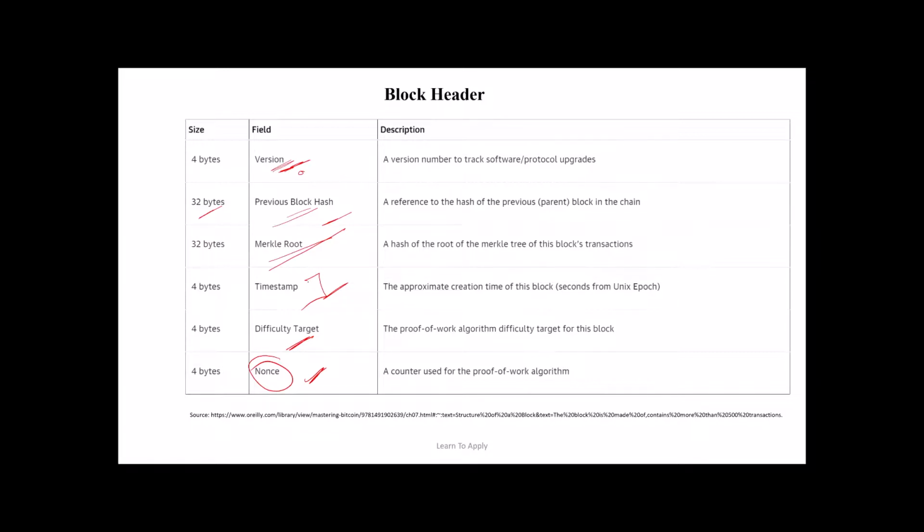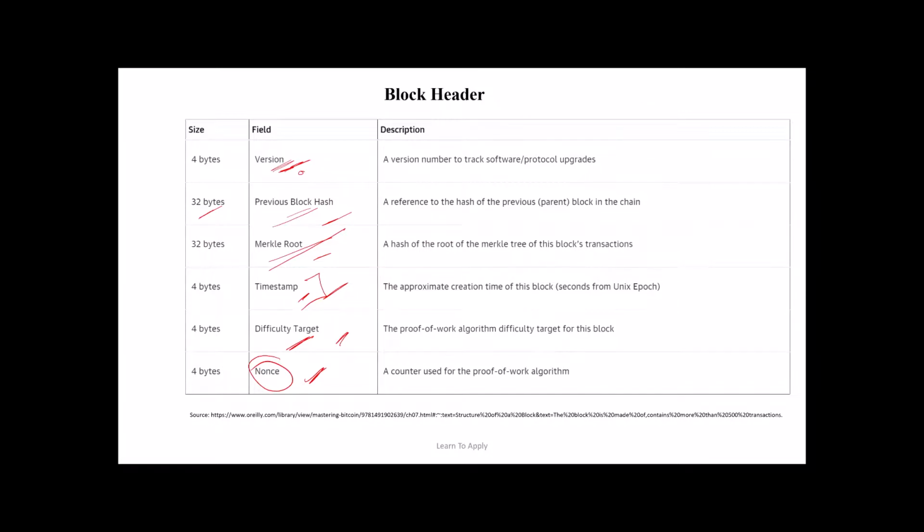The Merkle root they will calculate because they have all the transactions they want to put into the block, and they will use that data structure, the Merkle tree, to calculate this Merkle root. The timestamp is actually the current time in Unix epoch time. So this is basically a number representing the current time. This is also available to the miner. And the target is again based upon the network protocol.